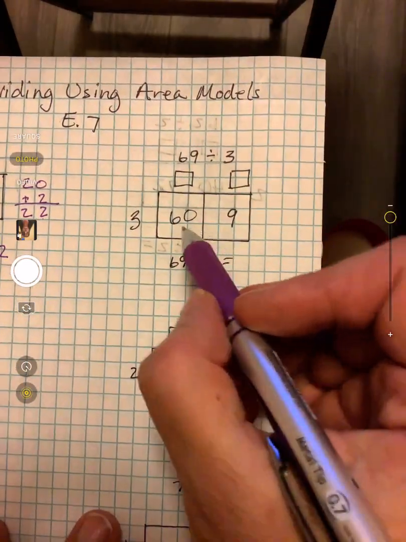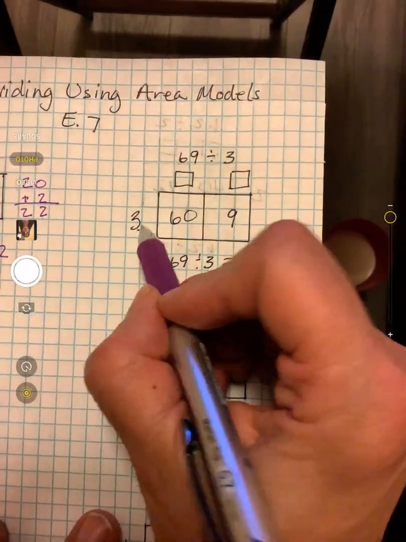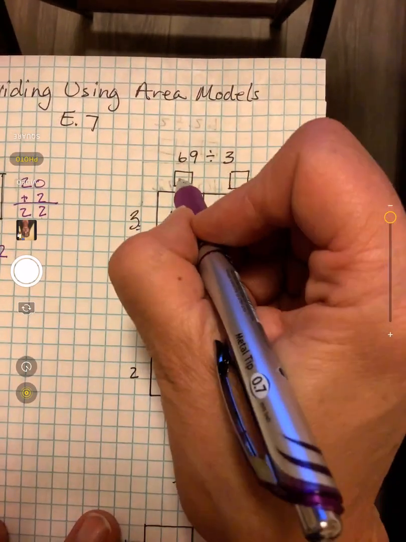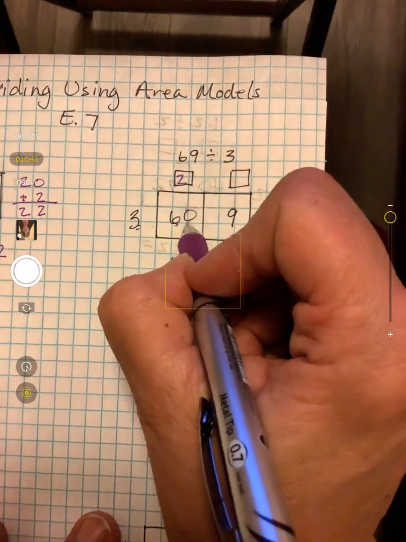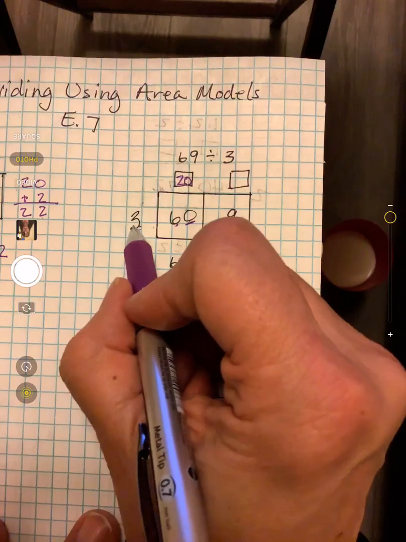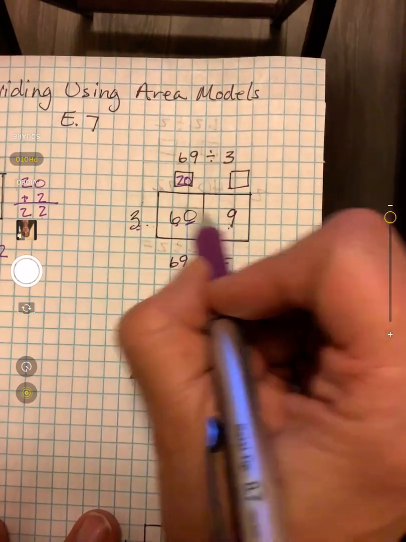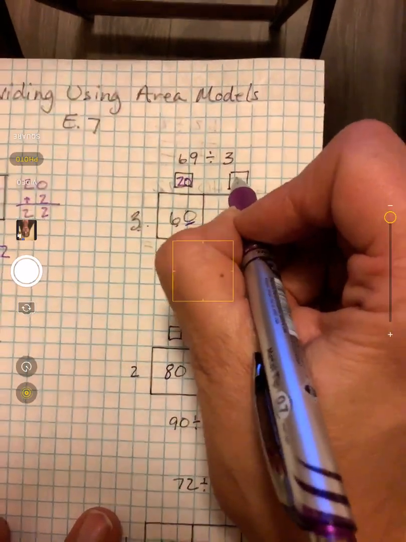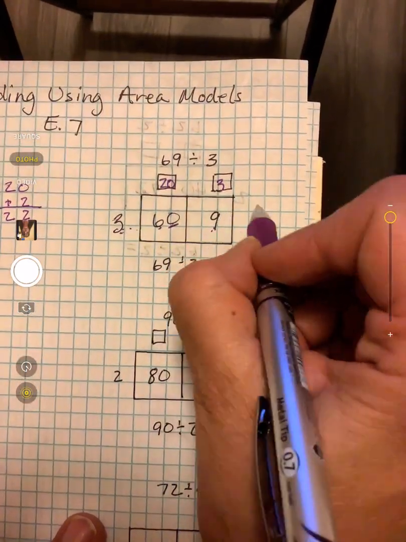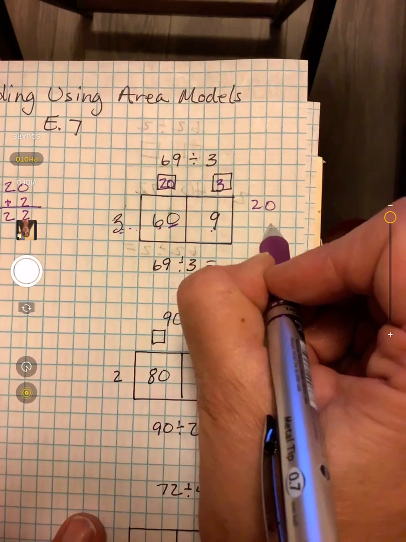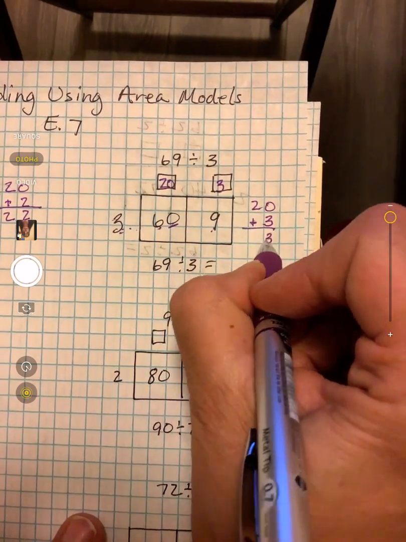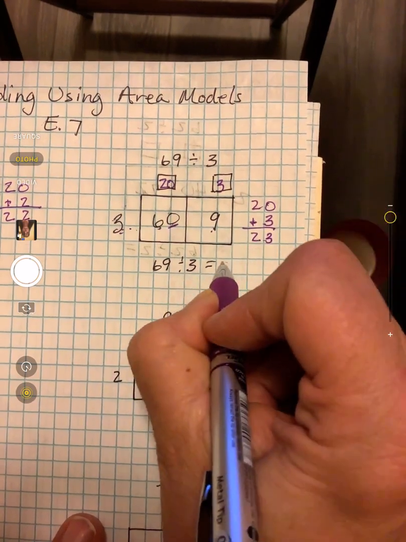Okay, so 3 times what equals 6? 3 times 2. And then we put up a 0 for that 0, so we have 20 again. Now we have 3 times what equals 9, or 9 divided by 3, either way, is 3. And so I line these up, 20 plus 3, and we get 23.